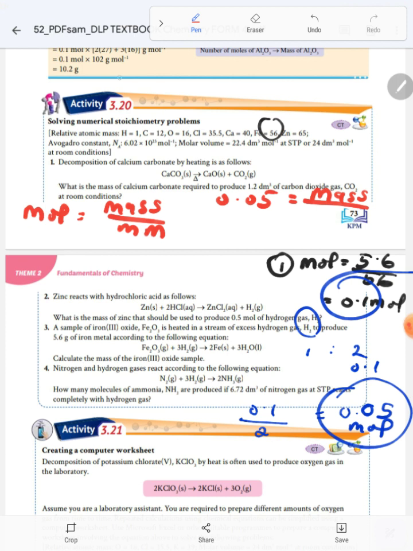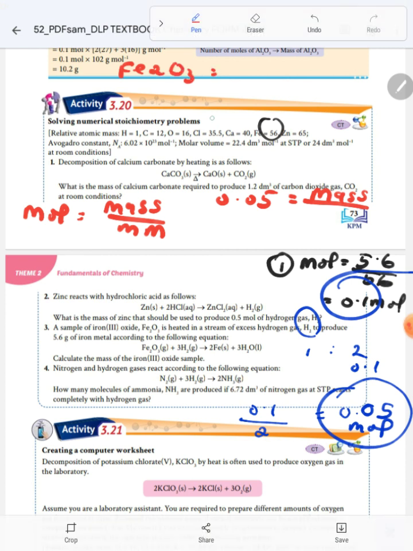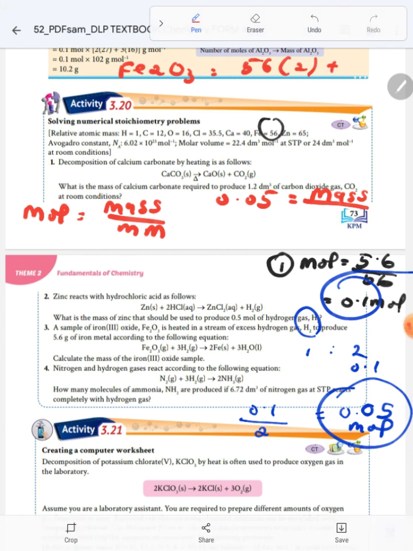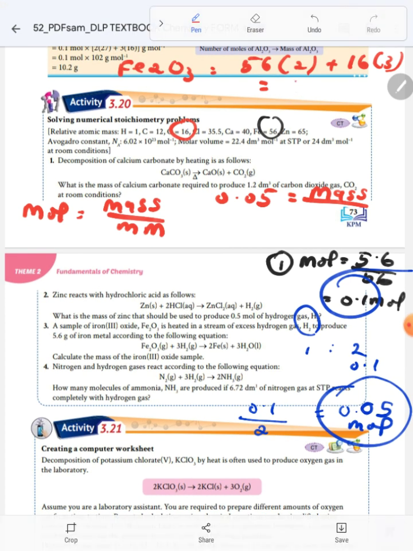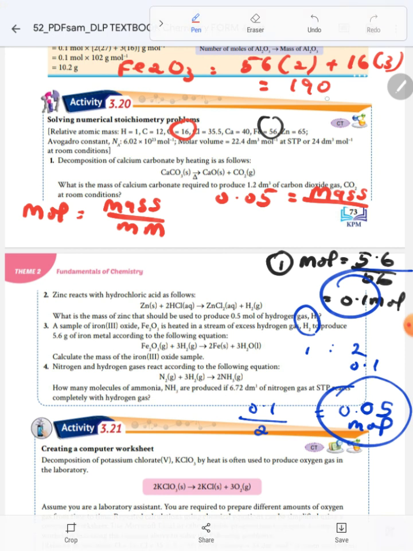Let's see the formula, Fe2O3. The RAM of Fe is 56, so 56 times 2 plus the RAM of oxygen, which is 16, times 3. So you will get, let's say, 190. You need to calculate this properly. This one I just put in.